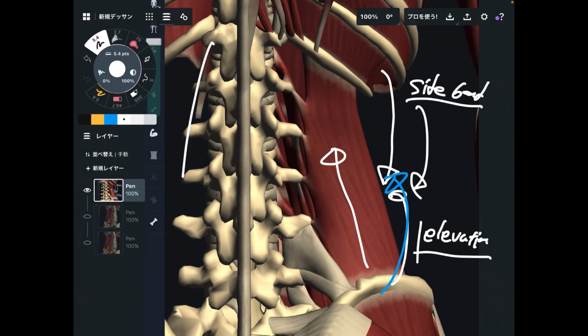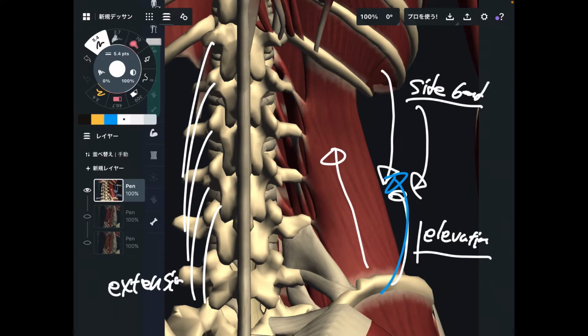What if both sides of muscle contract? What's gonna happen? That brings lumbar spine to extension. Extension, very important. As I said, this muscle is important for low back pain. Chronic use of quadratus lumborum induces extension movement that may trigger low back pain.